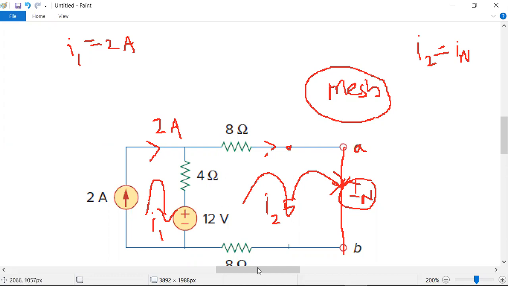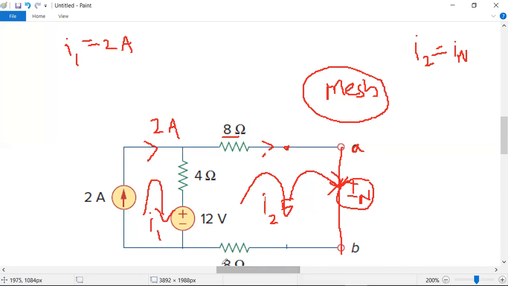I am directly writing the loop equation, since you already know how to write it. How much resistance? 8 plus 8 plus 4, 20 ohms for the current I2, minus 4 ohms common with I1, minus 4 I1, and my battery is minus 12, equals 0.